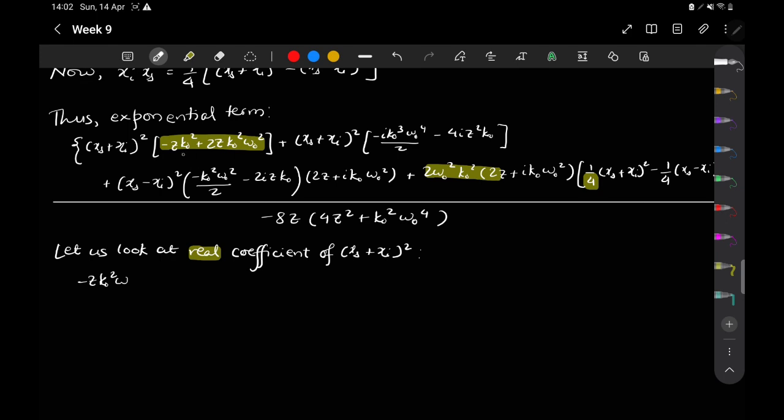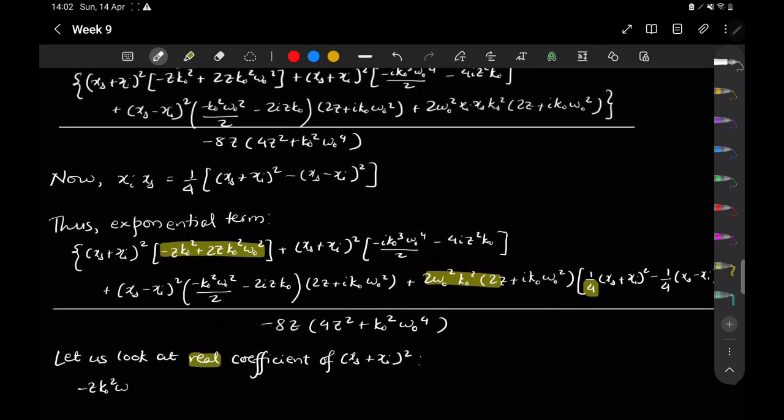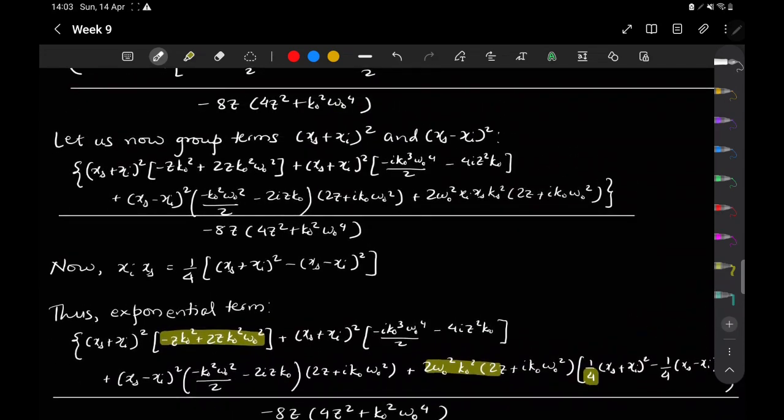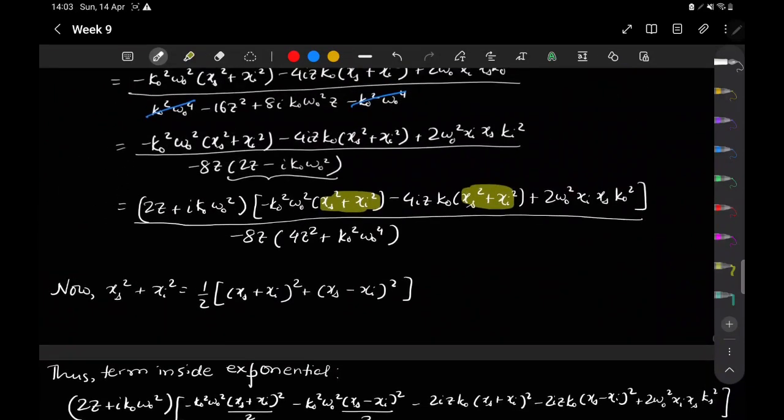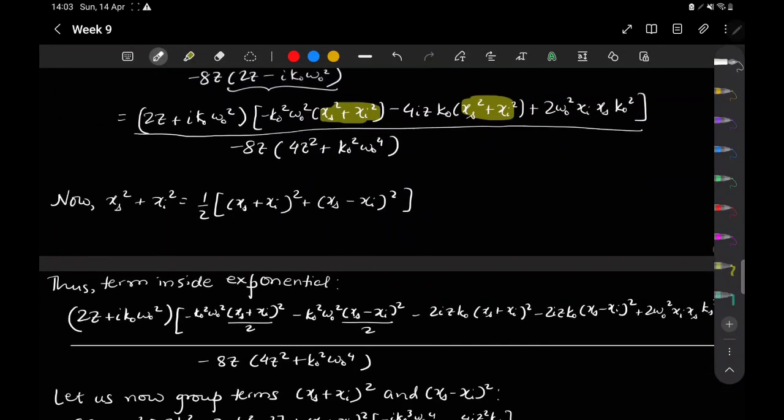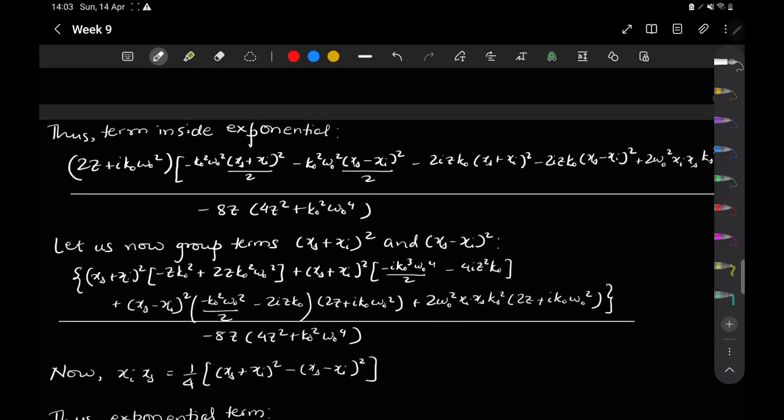Sorry, I forgot to copy this omega naught squared term, and this mistake I made in the beginning over here.